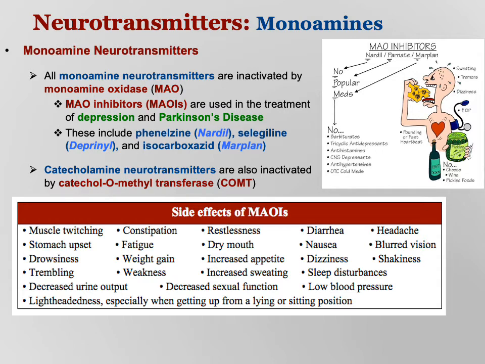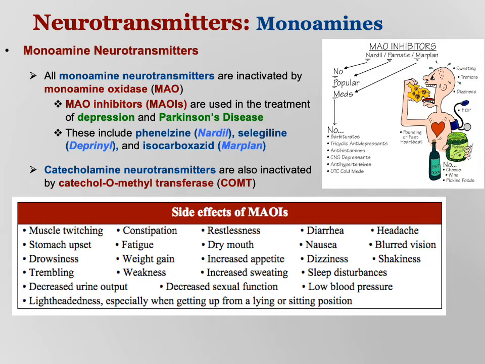In fact, MAOIs are associated with something called the aged wine and cheese syndrome, because wines, cheeses, and pickled foods have compounds in them that are increased by MAOIs, and they can produce heart effects as well as sweating, tremors, dizziness.